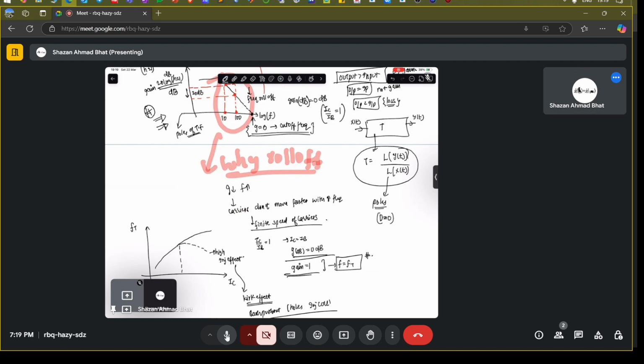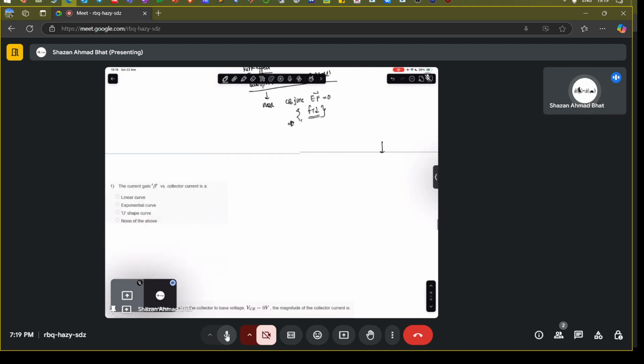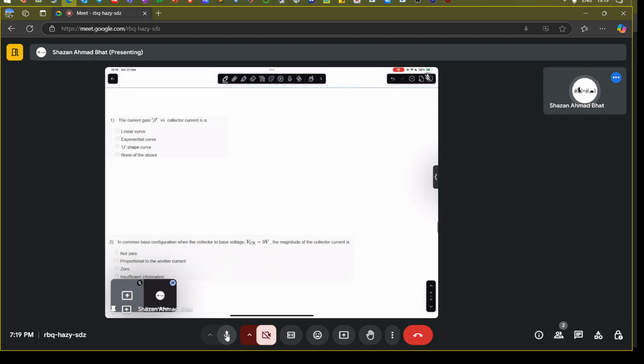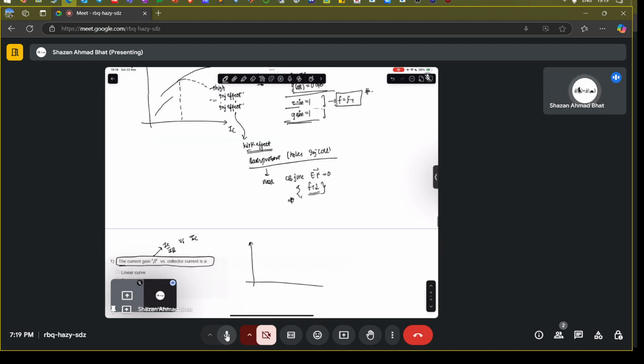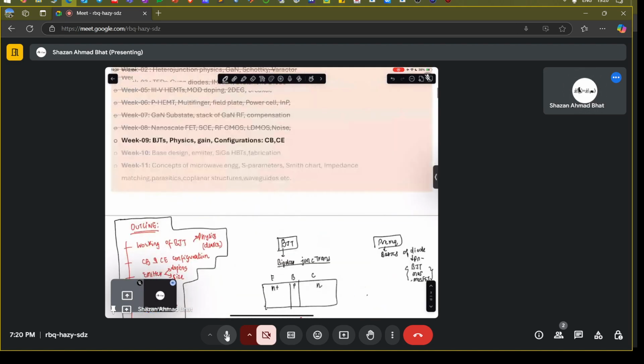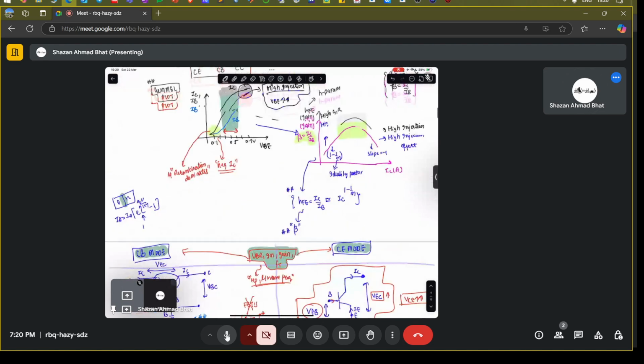Now, what are the design considerations for the emitter and the base? First of all we are going to move to the questions, then we are going to study these particular effects. The first is the current gain beta, which is IC divided by IB, versus the collector current. What was this plot called? I talked about this here, the initial Gummel plot.